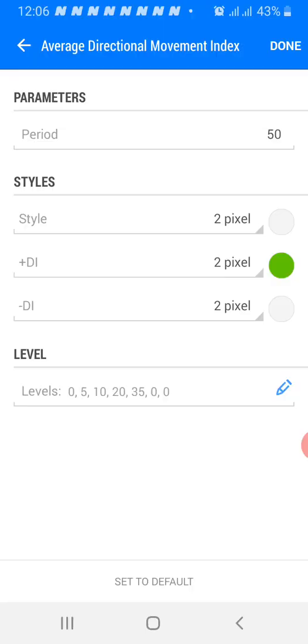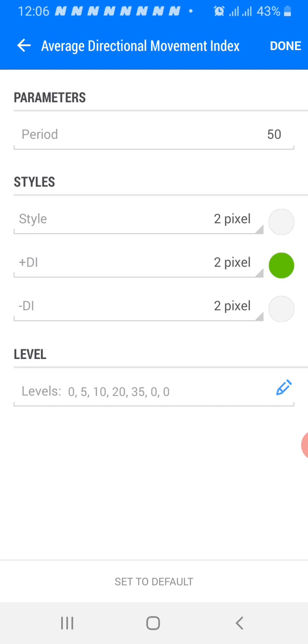Then the minus DI is also 2 pixel. It should be the color of your screen, just like my MT5 is white, so I'm using white. Same goes for the style. The plus DI should use another color different from the color of your screen.